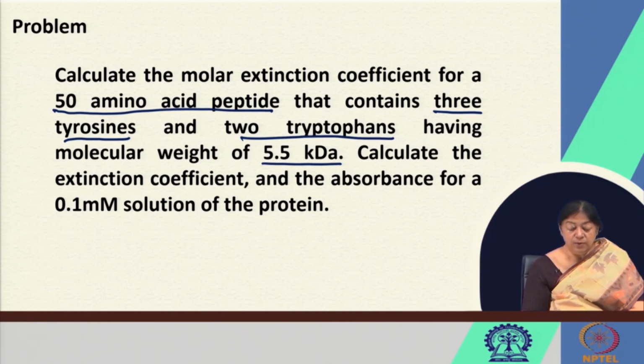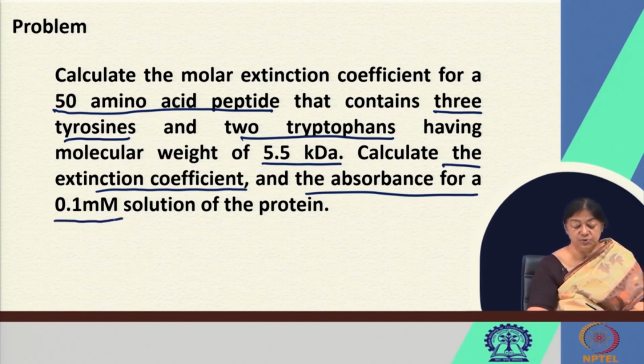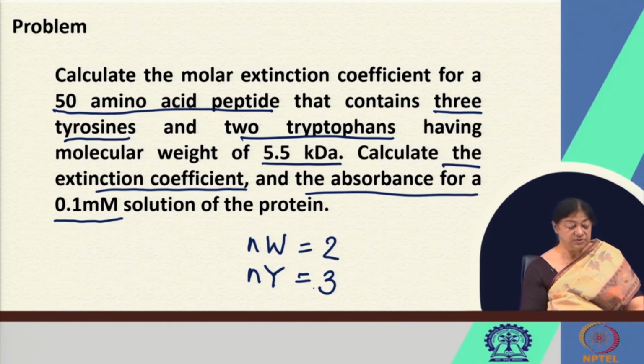We have to calculate the extinction coefficient and the absorbance for a 0.1 millimolar solution of the protein. To find the extinction coefficient, we need to know NW and NY. NW is equal to 2 because there are 2 tryptophans, and NY is equal to 3 because there are 3 tyrosines.